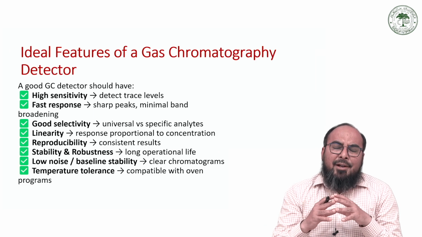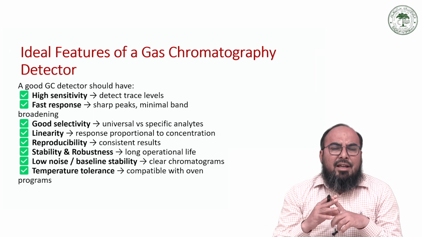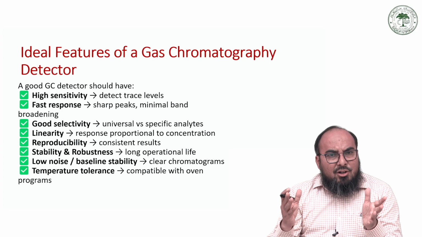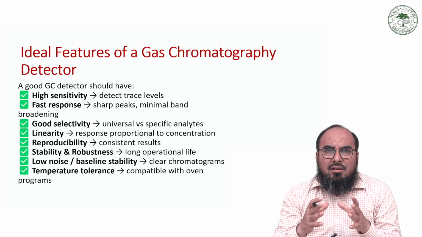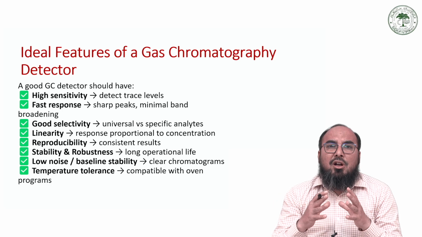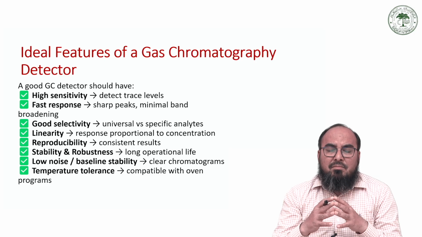Before going to the details of FID, the flame ionization detector, or the thermal conductivity detector, or the electron capture detector, let us first analyze what essential features must be there in a detector.